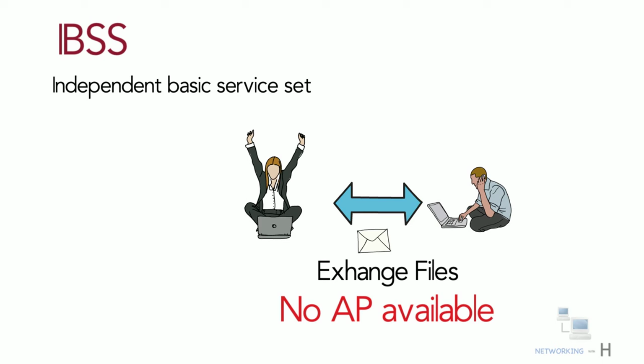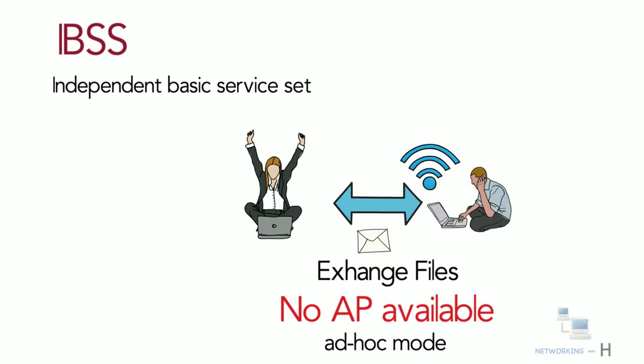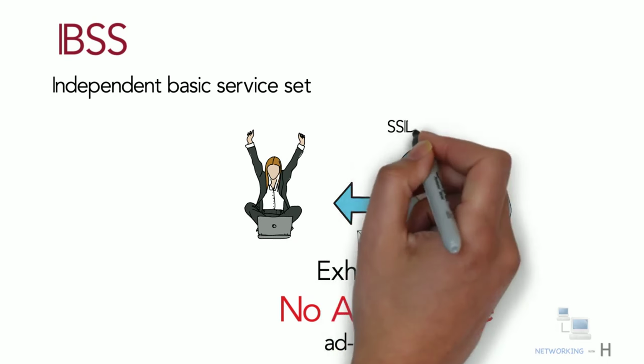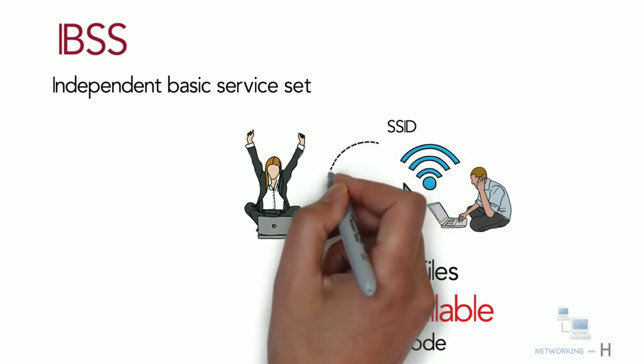You can call this ad hoc mode or an independent basic service set. For this to work, one of the devices must take the lead and begin advertising the SSID, similar to what an AP would do, and then the interested devices can join this network.